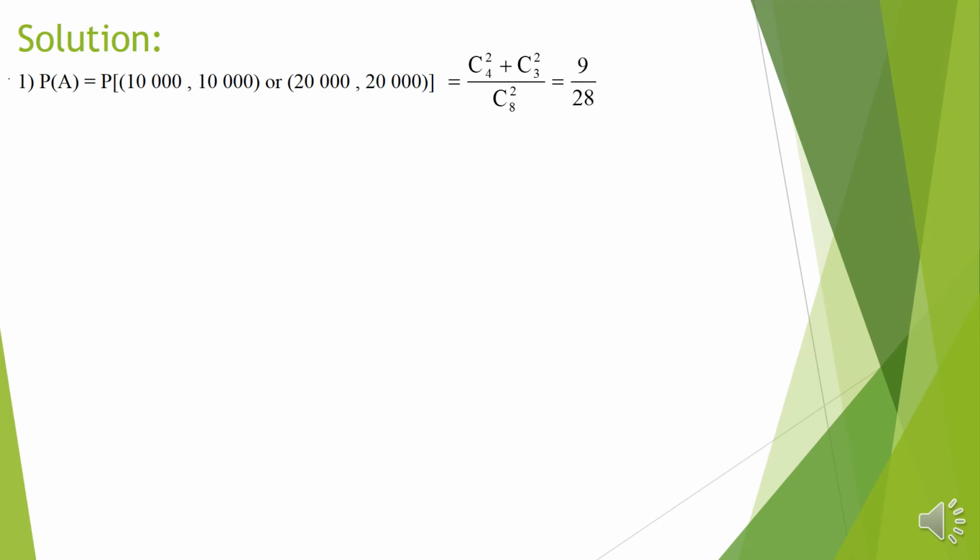The first, if 10, since I have 4 bills of 10,000, it will be 2 out of 4, C(4,2), and C(3,2), 2 out of 3, because I have 3 bills of 20,000, over C(8,2), because these are all possible outcomes. So the desired outcome is getting 2 of denomination 10 or 2 of denomination 20, meaning plus, not times, over. Then you calculate it here.